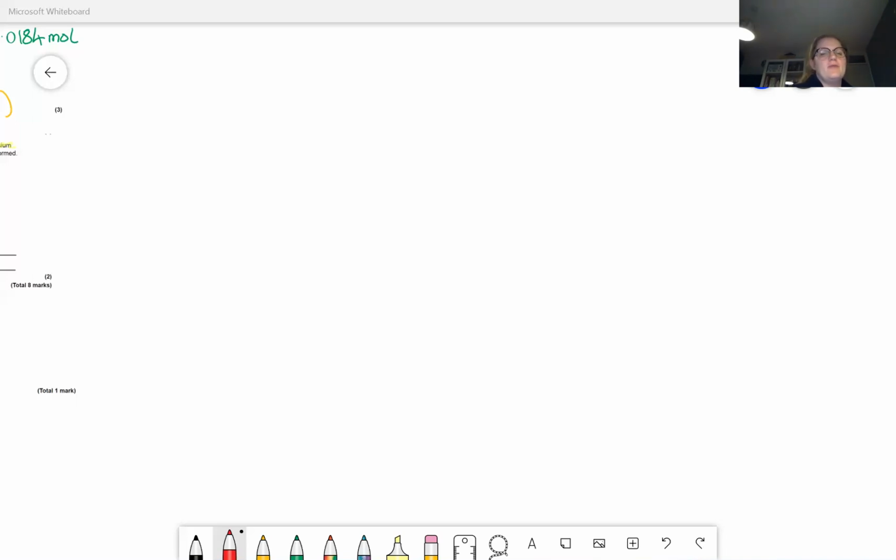For example, they would both be butene, but the first one is but-1-ene because that carbon-carbon double bond is on the first carbon, and we always describe it as the first carbon we get to rather than the second carbon. So but-1-ene because the double bond is at that carbon, and this one would be but-2-ene because the double bond starts at the second carbon.